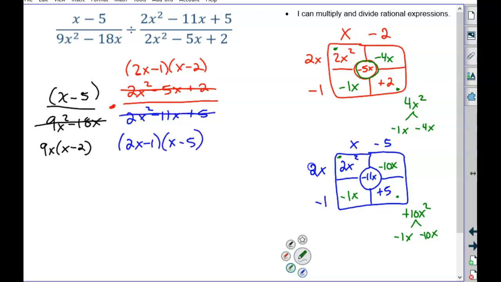Then we get to play our factor game. So we'll reduce out whatever we have in common, x minus 2 in common, 2x minus 1 in common, and x minus 5 in common. And if I look at what's left over, nothing up top. The only thing that's left over is 9x.